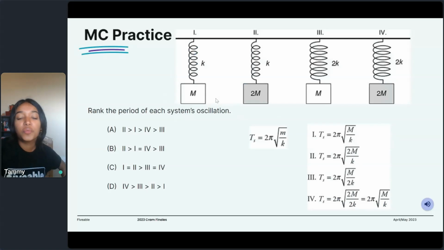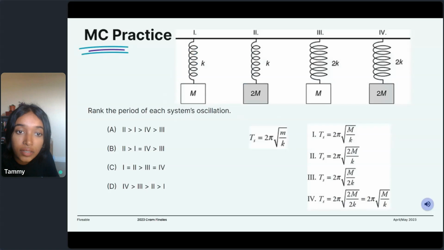So we have our period equation for mass spring systems, which is 2 pi square root m over k. All we're doing now is just plugging and chugging and seeing which one is the greatest, right? So option number 1, we have normal. So it's just m and k.